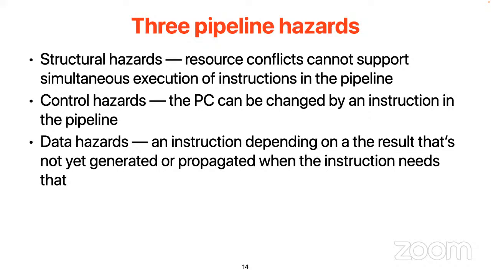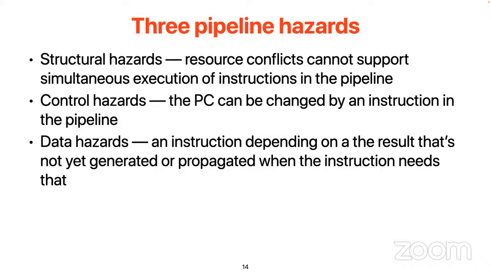So that's structural hazard. The second type is, remember, sometimes we have instructions like branch. Whenever you have a branch, there's no way for us to be 100% sure what the next instruction to fetch is. In this way, your pipeline cannot smoothly feed instructions, so your CPI won't be equal to 1, because you have to wait. So that's control hazard.